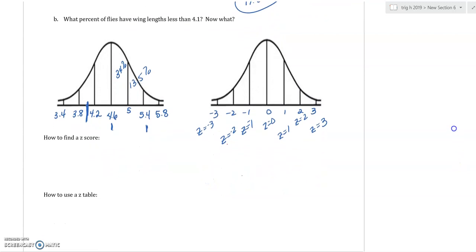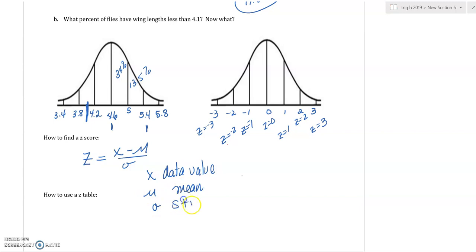So how do we find a z-score? Well, our z-score is our data value, our data point, minus the average, divided by the standard deviation. So x is our data, m is our mean, and then we have our standard deviation.